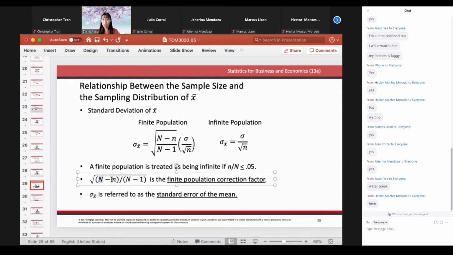But in a lot of other situations, you can't use this finite population correction factor because you don't know the population size. For example, if you're in customer service, you want to see customer satisfaction level. You send them a survey and then you want to calculate the mean, like how satisfied are they? You know your sample size.